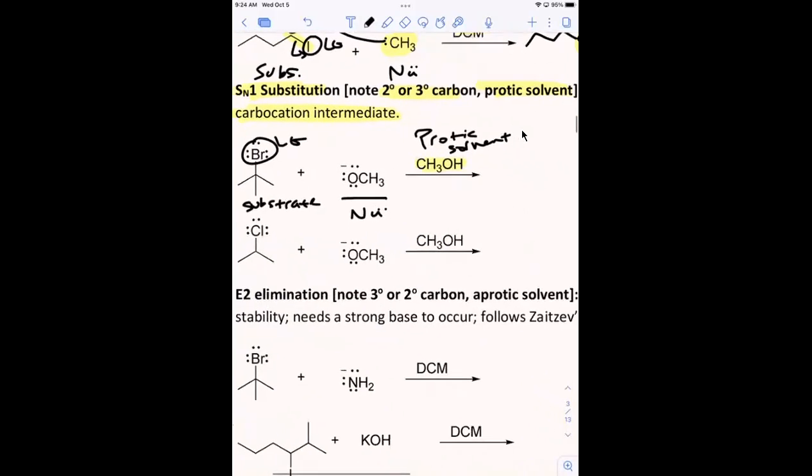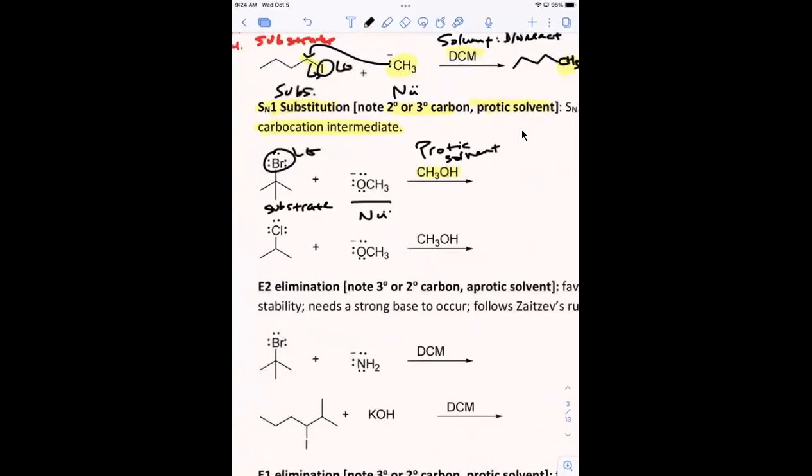What's the outcome without knowing the mechanism? What's the outcome of any substitution? Switch the ions. So we would replace or substitute the leaving group with the nucleophile. Is that right?